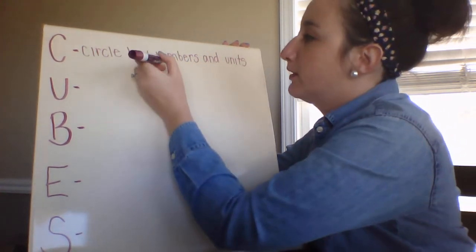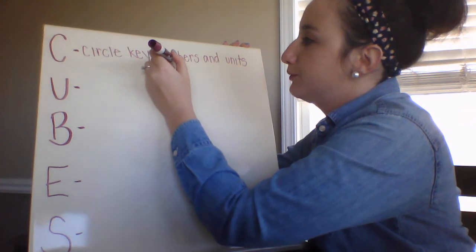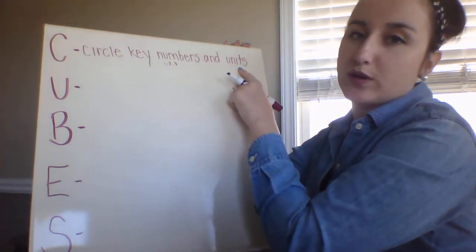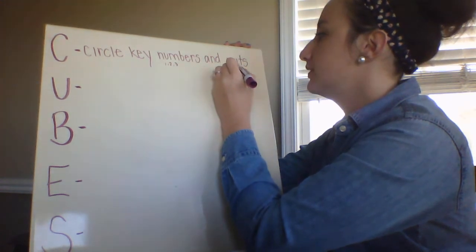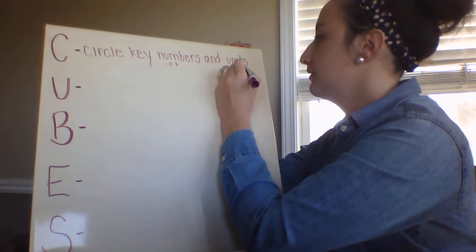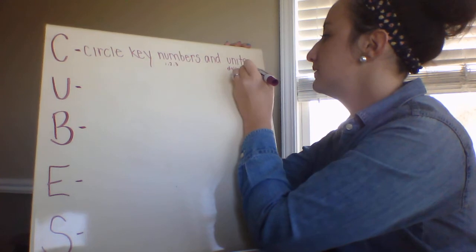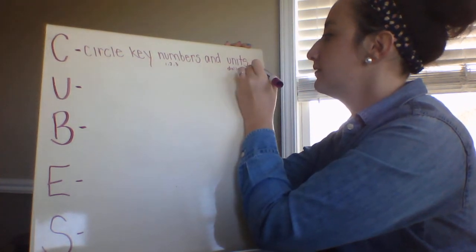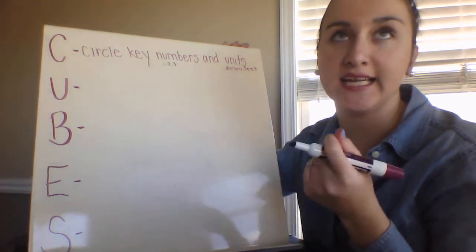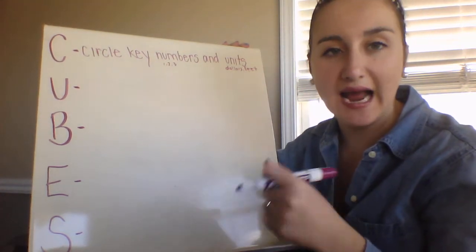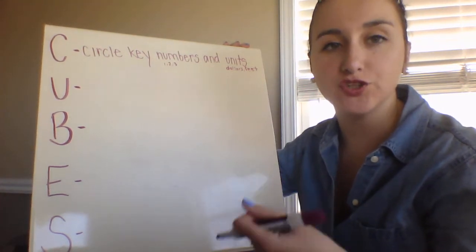We know that numbers would be 1, 2, 3, and units would be things such as dollars, feet. And when you are circling key numbers and units, you are asking yourself, what do I know?